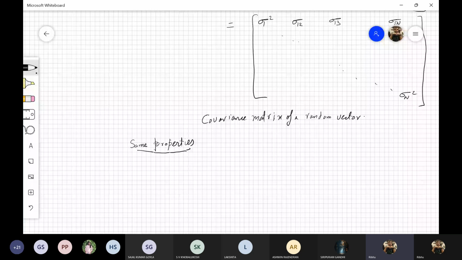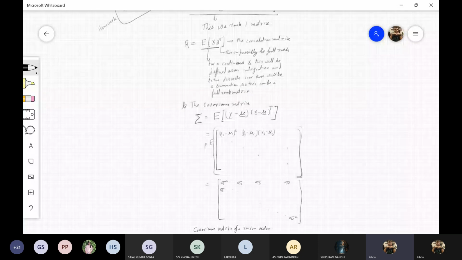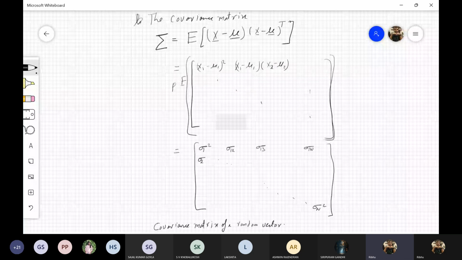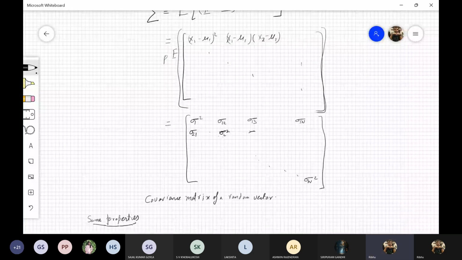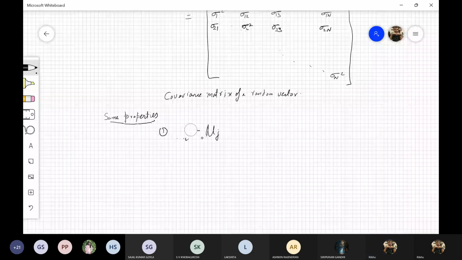For the first property, (Xi minus mu i) into (xj minus mu j).